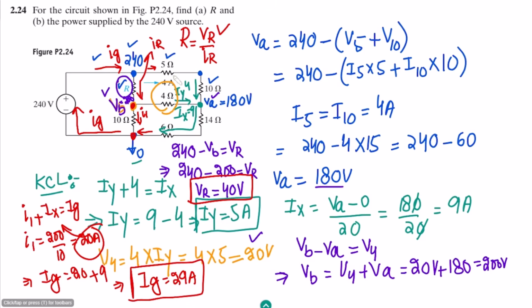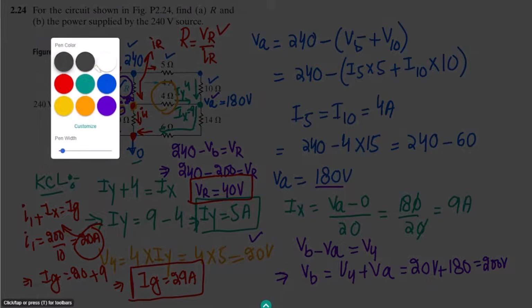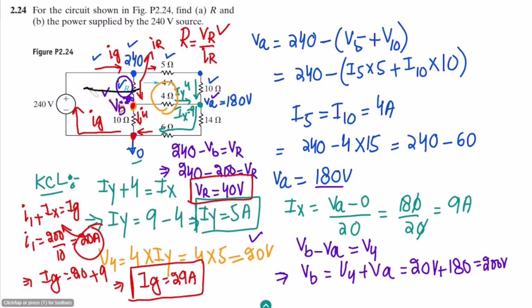So this is IG. 4 ampere is coming towards this 5 ohm, and the remaining one will be flowing through this R. So applying KCL, we will very easily find out the current through it, and that would be 25 amperes. So the value of IR is 25.